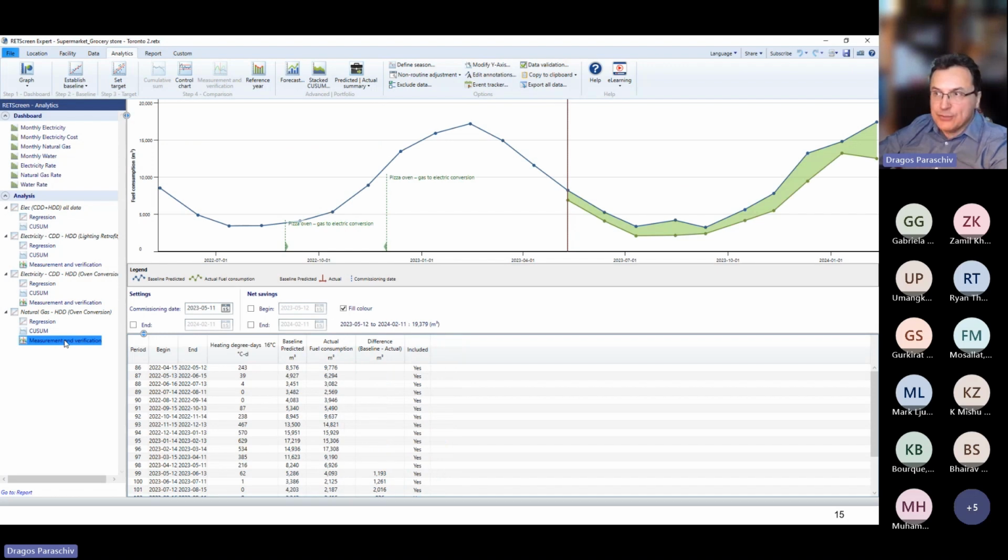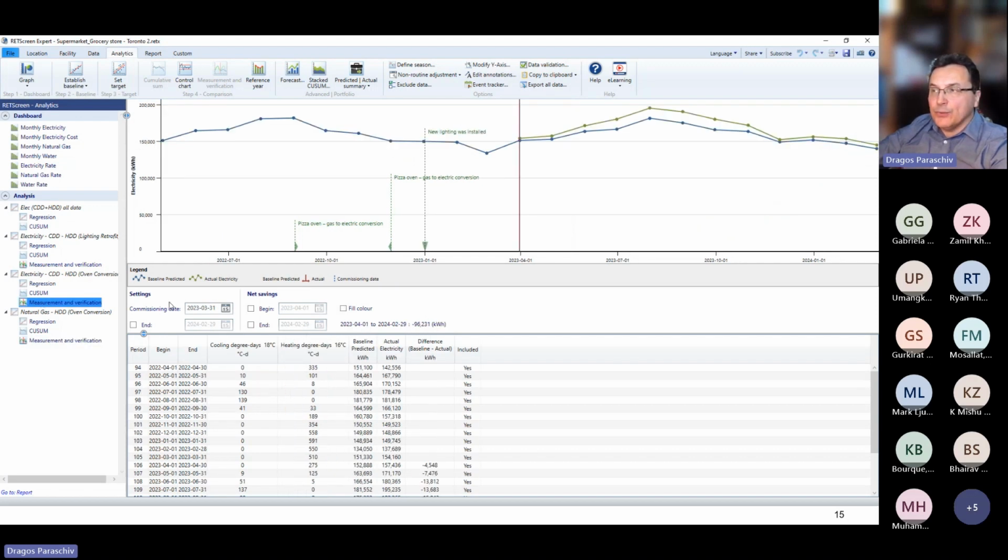Measurement and verification as well will allow us to track the savings, and from the project completion, we saved 19,379 cubic meters of natural gas. And if we compare that with measurement and verification for the electricity, we used an extra 96,000 kilowatt hours. The comparison between the two will give us the true impact of this project in the facility.